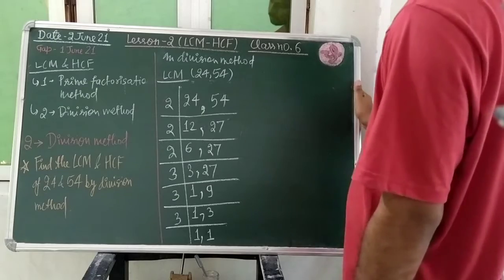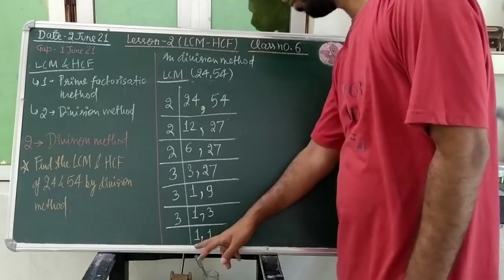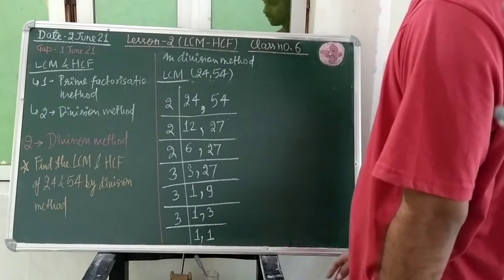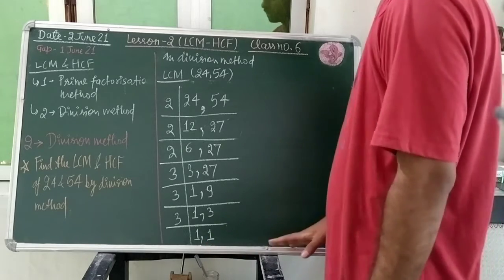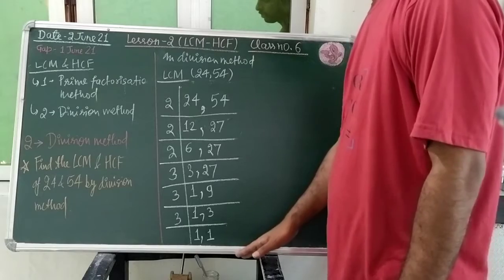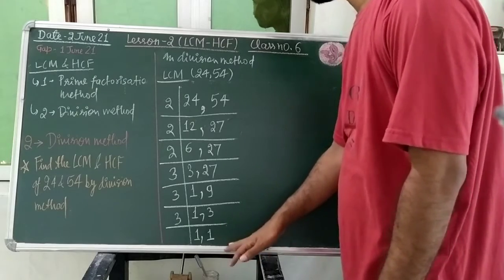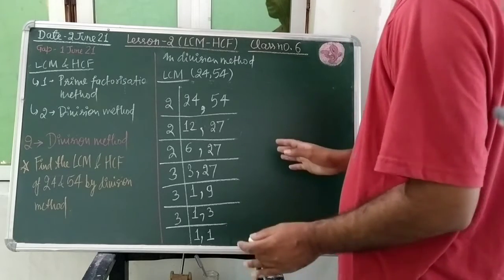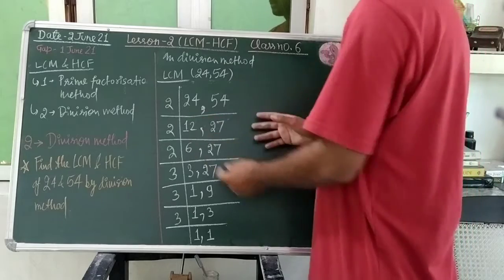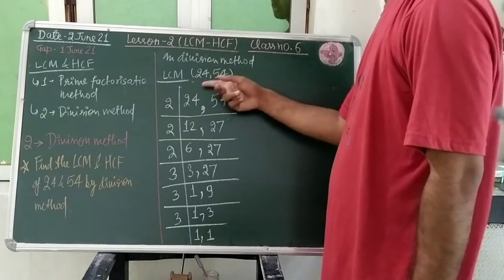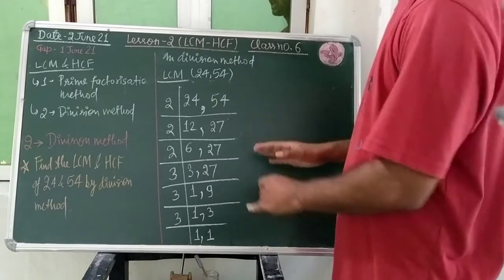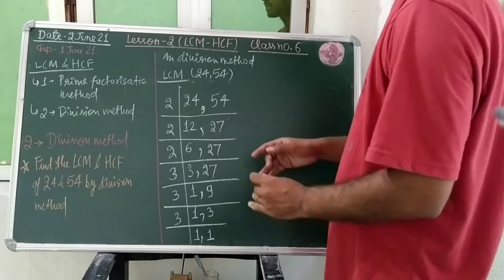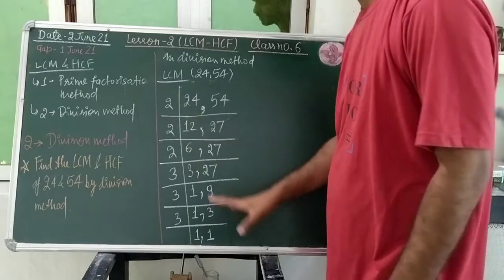We shall look, 1 and 1 we have got. So this task we will perform until we are getting 1. Look, students, here we are performing LCM by division method. So we shall apply the rule which is similar to the prime factorization method.